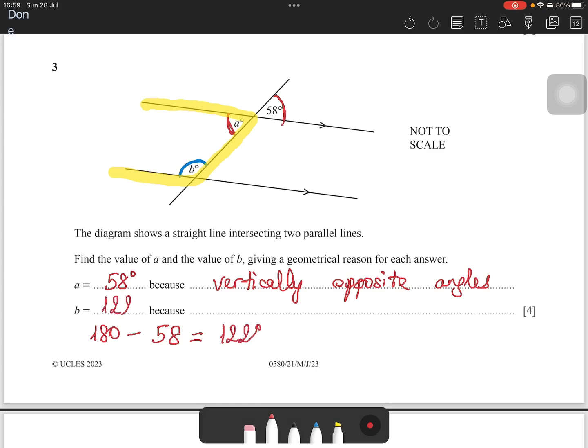So we write 122 degrees because they are co-interior angles. And co-interior angles add up to 180 degrees.